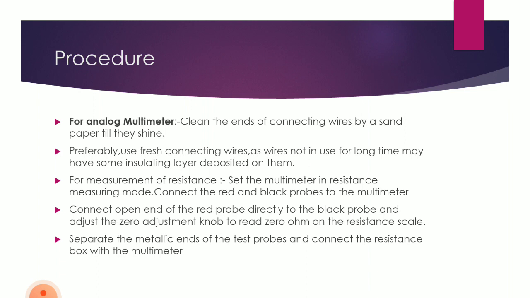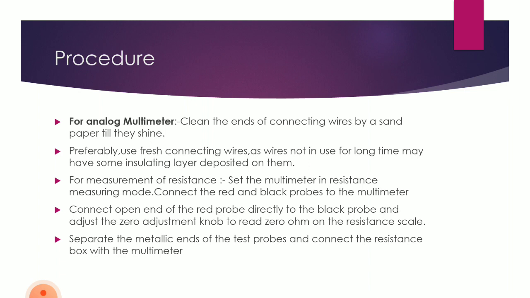Set the multimeter in resistance measuring mode. Connect the red and black probes to the multimeter. Then connect the open ends of the red probe directly to the black probe and adjust the zero adjustment knob to read 0 ohm on the resistance scale. Separate the metallic ends of the test probes and connect the resistance box with the multimeter.